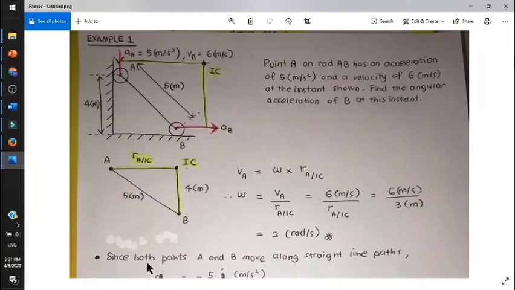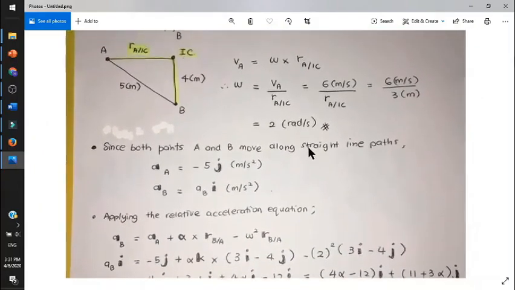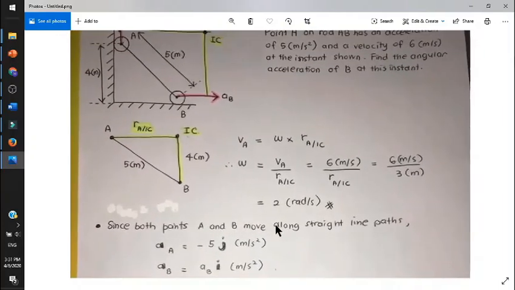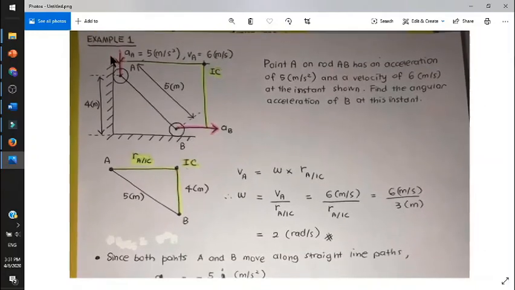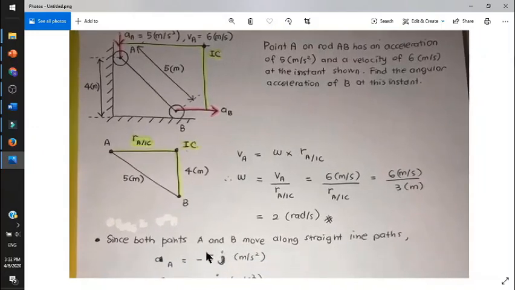Now, since both points A and B move along straight line paths, AA is equal to negative 5J. It's a downward direction, so it is negative and it must be the J component.